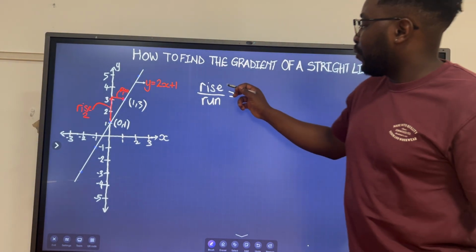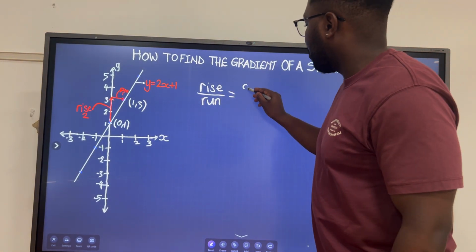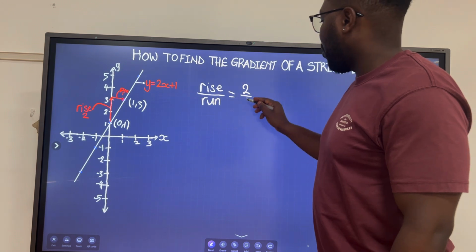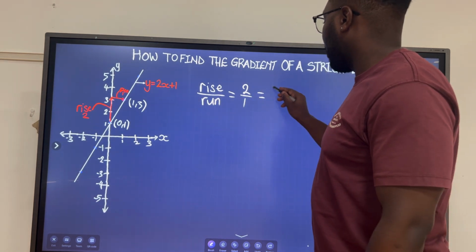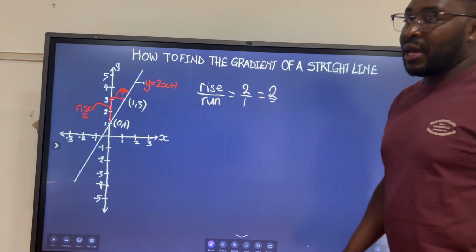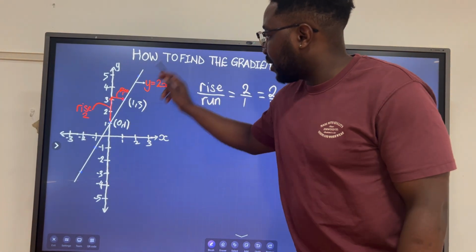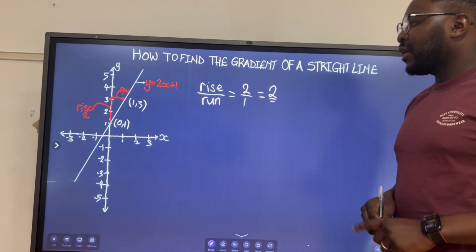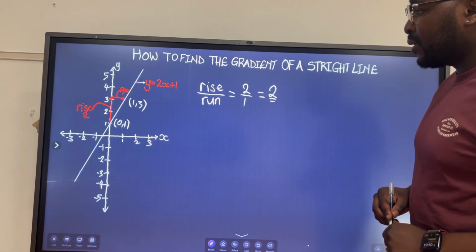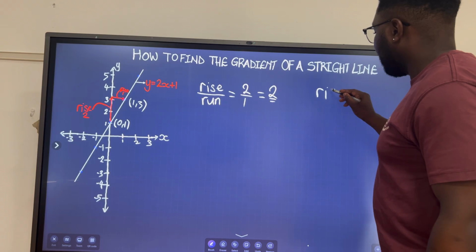If you remember, our rise was 2, right? And our run was 1. If we divide 2 by 1, what are we going to get? We will get 2. So this straight line over here has a gradient of 2, right?